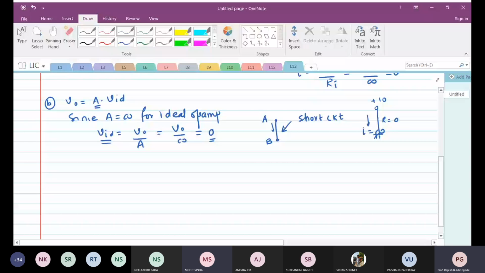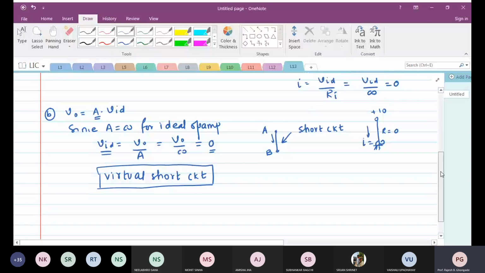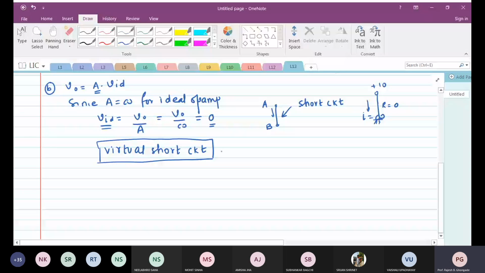This is marvelous. This is very, very important. And you are going to see there are so many advantages associated with this virtual short circuit. Basically, the working of the operational amplifier is so because of this virtual short circuit.